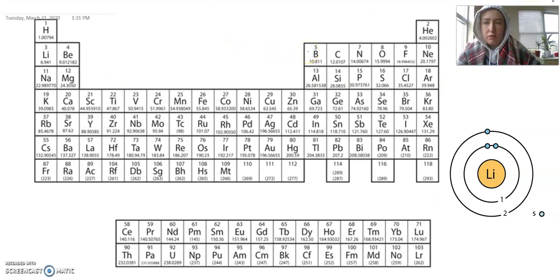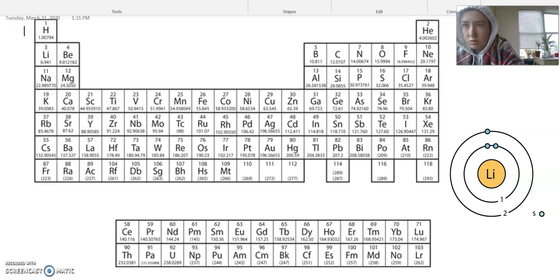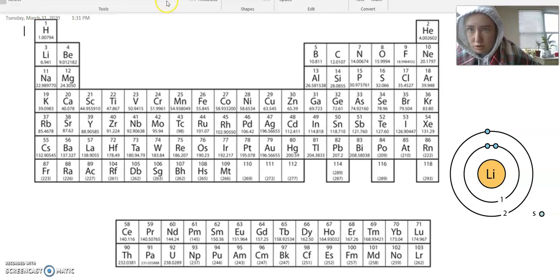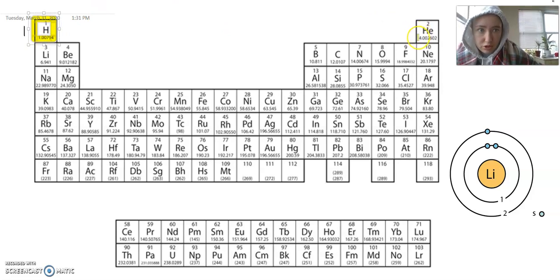Everything in the first left to right row is going to have, you guessed it, 1. Let me put a little highlighted box. It's really just going to be hydrogen and helium that have 1. They're the only ones in that top row.